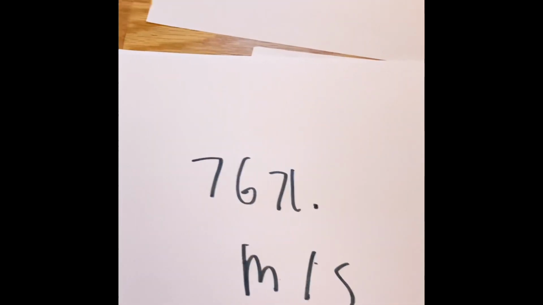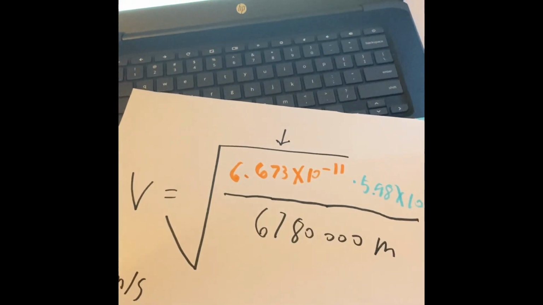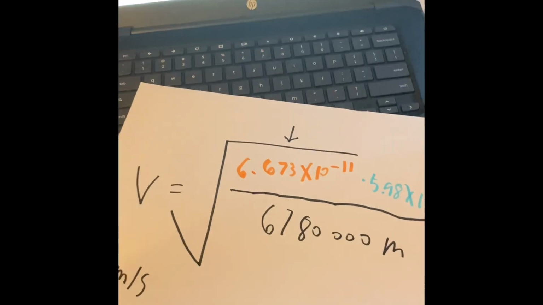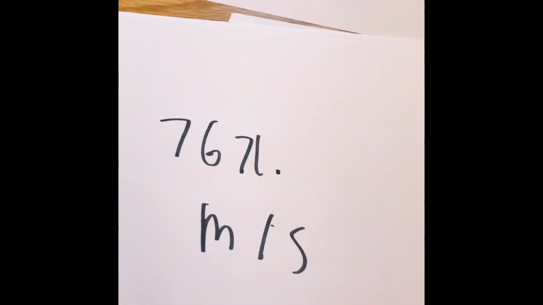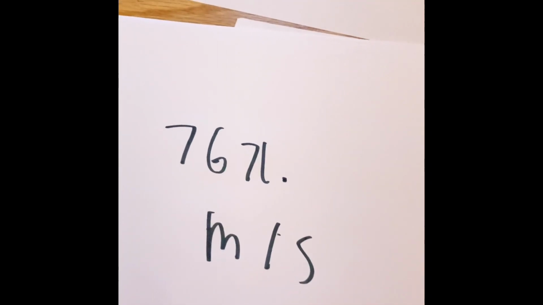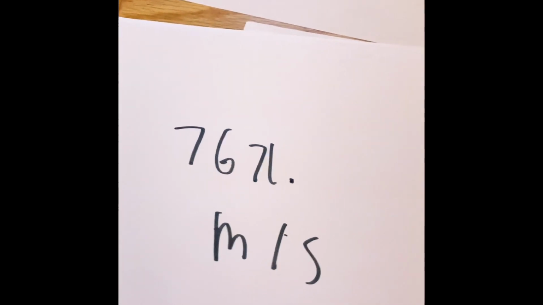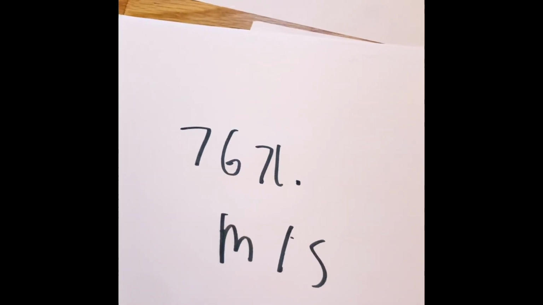And this formula would only work if the space station had a perfect circle as its orbit. The Top Hat space station is orbiting Earth at 7,671 meters per second, and that is the orbital velocity.